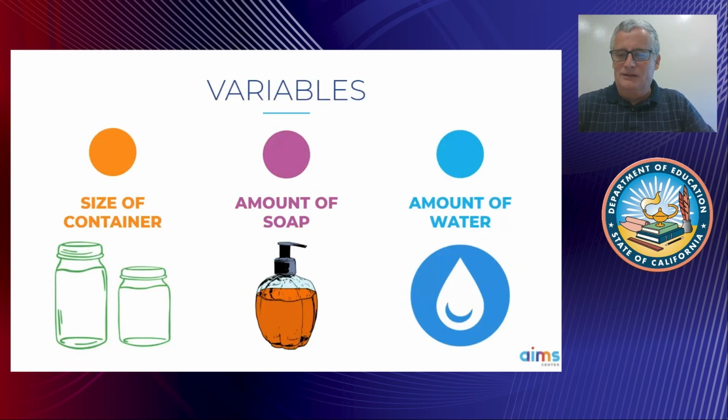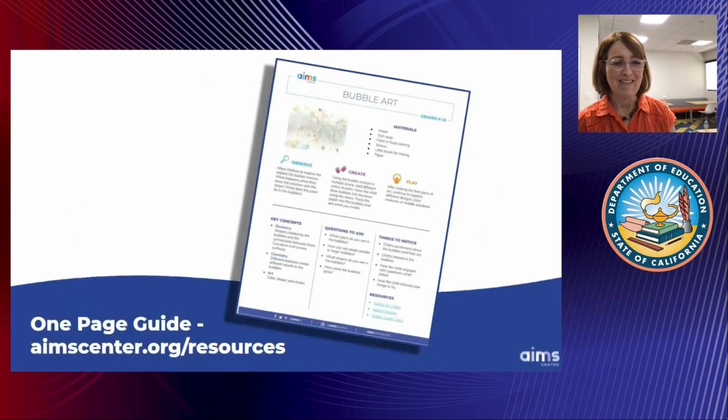Elin, could you describe a little bit about our one pager? Yeah, definitely. If you want to explore this activity more, and believe me, it's never the same experience twice, we have a one-page guide on our website, aimcenter.org/resources is where you'll find it, and it has all the information you need to continue to explore this activity.